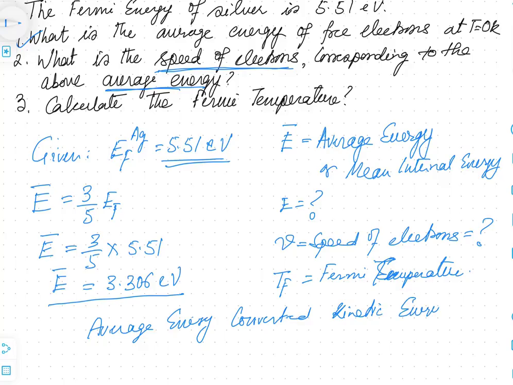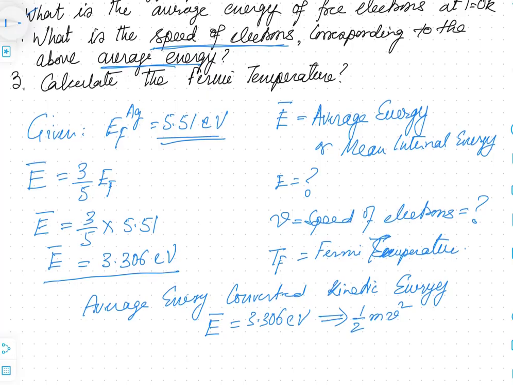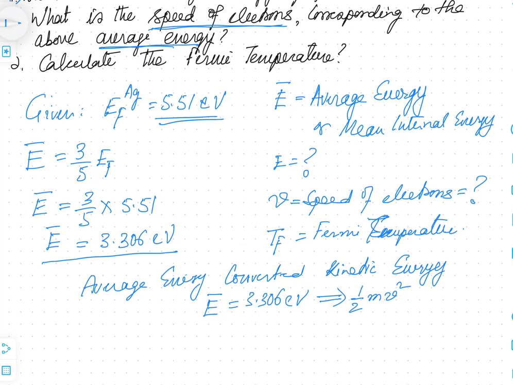This is the important part of the numerical, the second part. The average energy is E bar, which is 3.306 electron volt, already calculated. This is getting converted to kinetic energy, half mv square. I know the mass of electron is 9.1 10 raised to minus 31 kg.